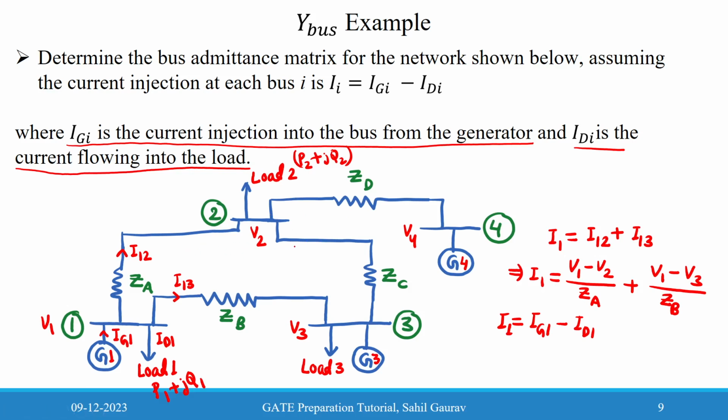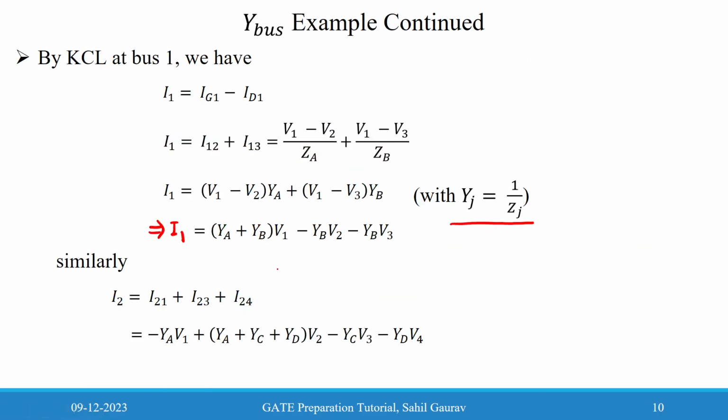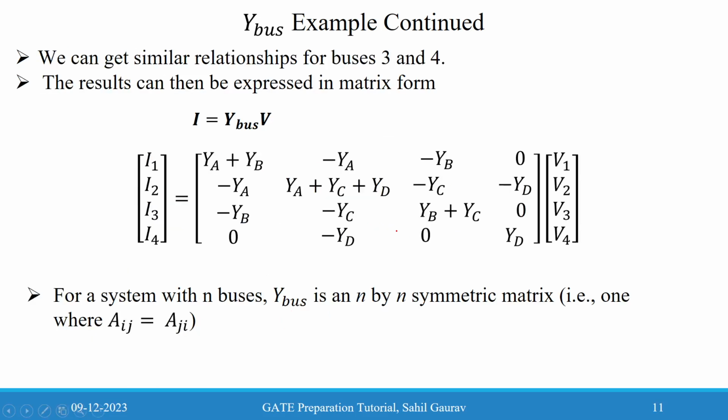And we have also considered that all the currents are flowing out from that bus into the line. So you will get I2 like this, and we can get a similar relationship for bus 3 and 4, and then write this equation.